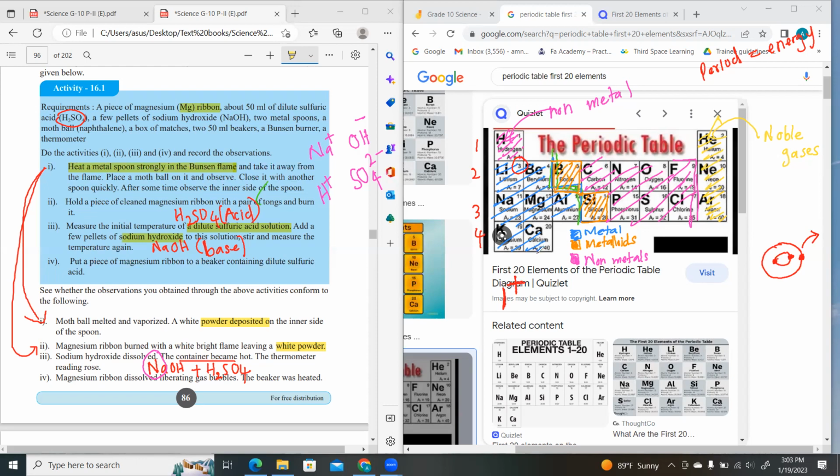Same way when you see group 2 elements, when you draw the electronic configuration, you will be able to see that they always have 2 extra electrons outside. They always like to release those 2 electrons and form 2 plus ions.